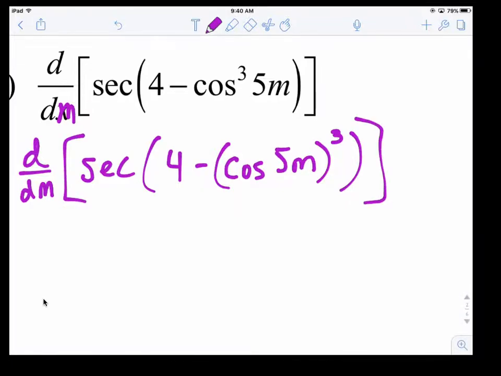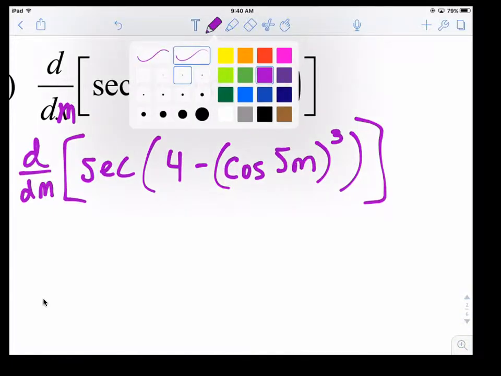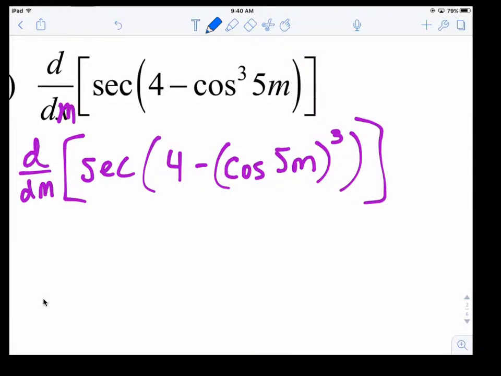Again, put the exponent that goes with the trig function on the outside. What would the outermost function be? Secant, right? Then you work your way in: secant, then this entire thing here, then the cosine, and then the last one would be the 5m.